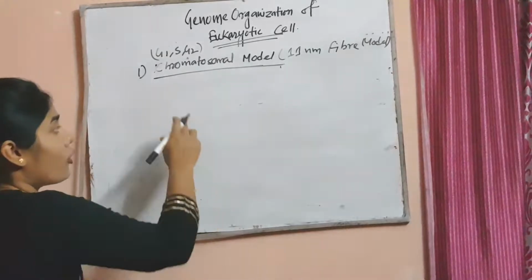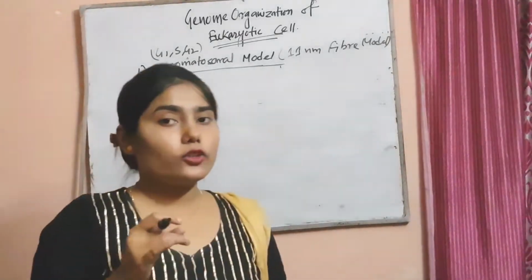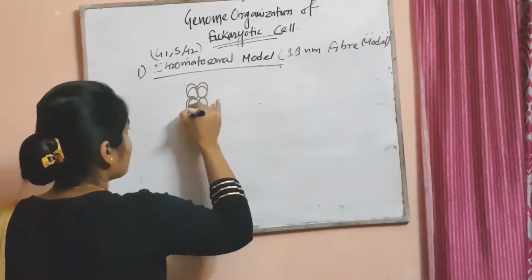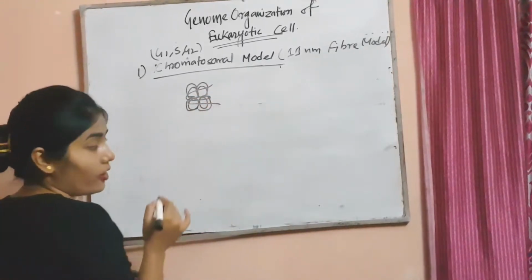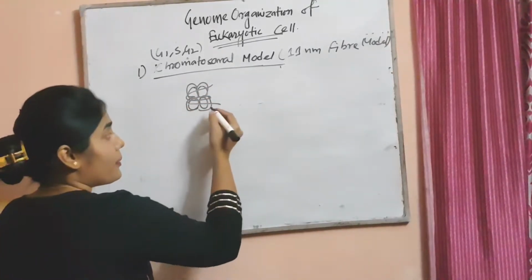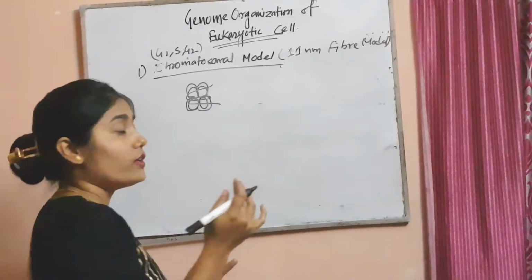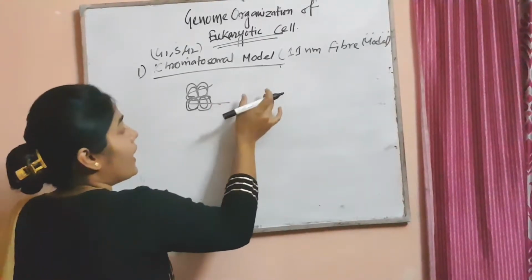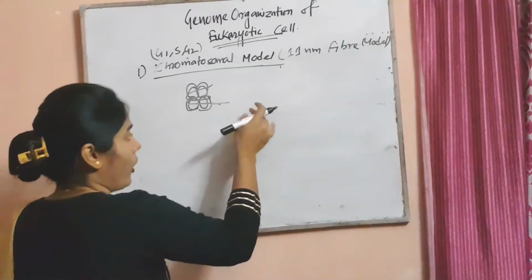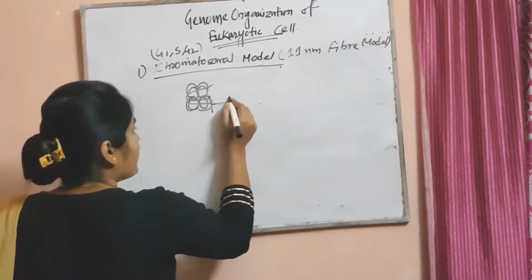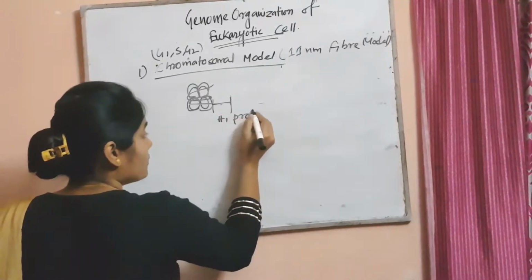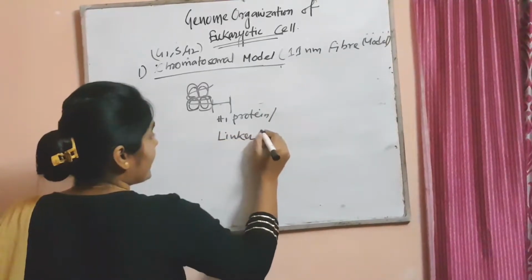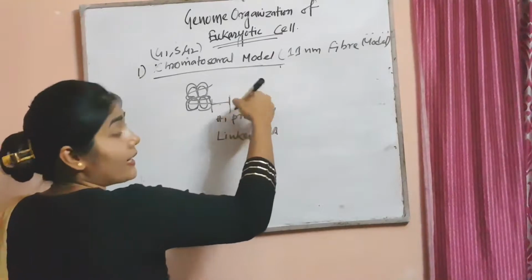Okay. So the chromatosomal model, as you see in the nucleosomal model, where this is the histone protein and 147 BP of DNA is present. But when that 147 BP DNA is added with the linker protein or linker DNA, which connects to the next nucleosome, this addition is known as the H1 protein or linker DNA, because it links another nucleosome.